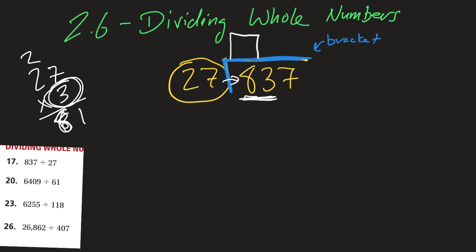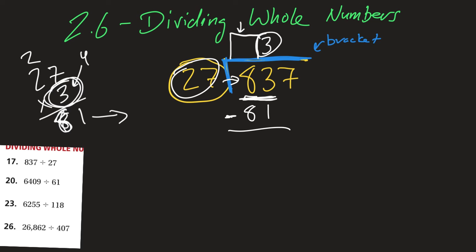I know that if I multiply by 4, it's going to be over 83, so I can't use that number. So I put 3 above the second number, because I left the first one blank. That tells me that 3 times 27 is 81. I write that there, and I subtract: 83 minus 81 is 2.